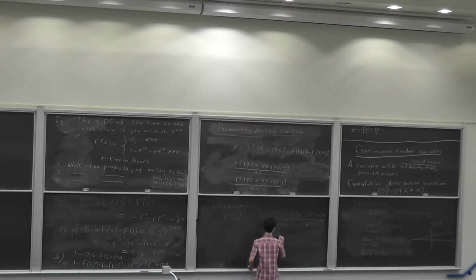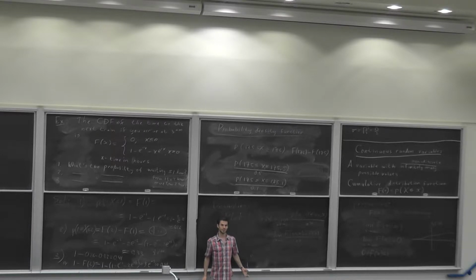So we know that it's the limit as delta x goes to 0 of capital F(x plus delta x) minus capital F(x), divided by delta x. And if you recall from the previous course, this is a familiar operation. It's just the derivative of capital F.